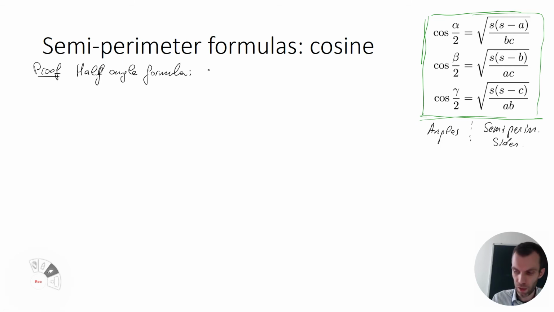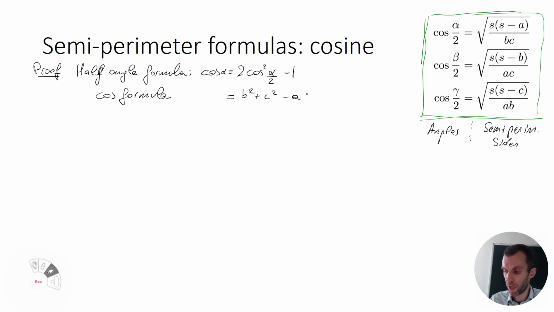And for that we have cosine alpha is equal to 2 times cosine squared alpha over 2 minus 1. So this is the other half angle formula. And at the same time, we again know that the law of the cosines tells me that cosine alpha is b squared plus c squared minus a squared divided by 2bc.